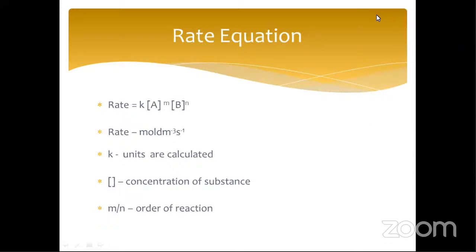All right, so we're going to look at the rate equation. We spoke of the fact that the rate of your chemical reaction is basically defined as the change in concentration of a reactant or a product with time at a particular temperature. Now, the general rate equation that we have is that rate is equal to k, and k is your rate constant, and please note, this is a lowercase k, because capital K means something else.